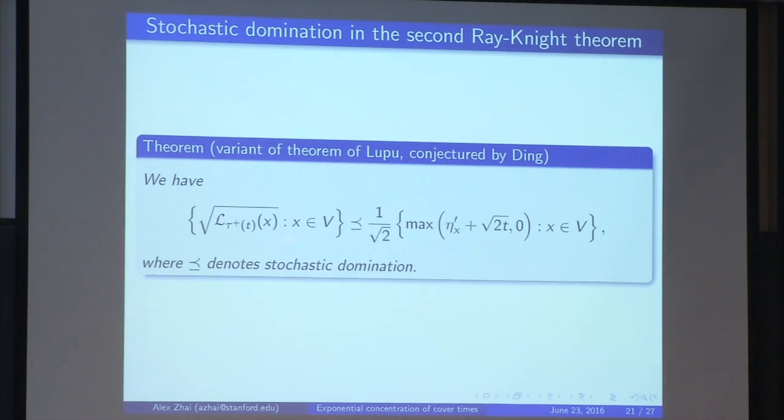You don't have to parse exactly what this says, but it's basically saying that I want to show there's a coupling where if this eta prime x plus root 2t goes negative, then it forces the local time to be 0 on the left side.